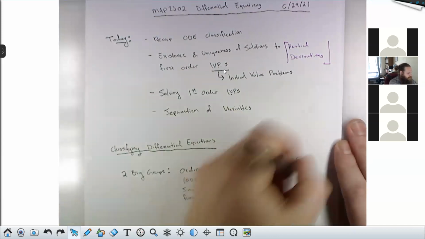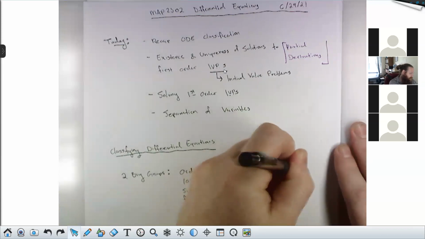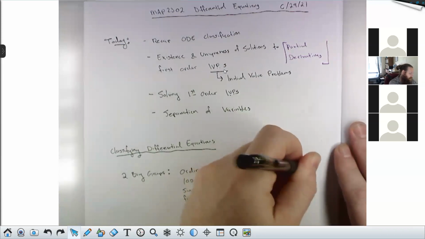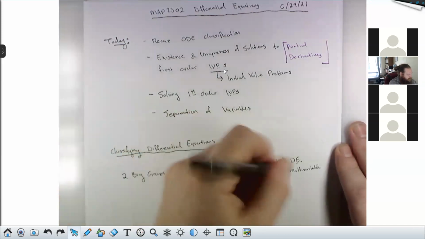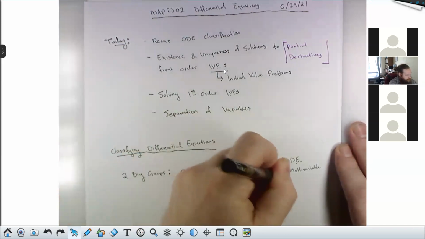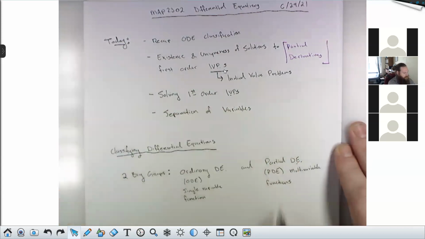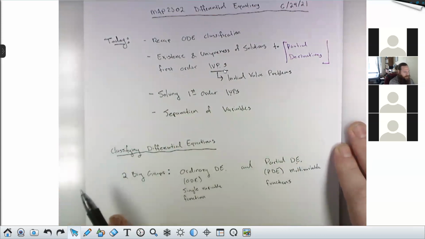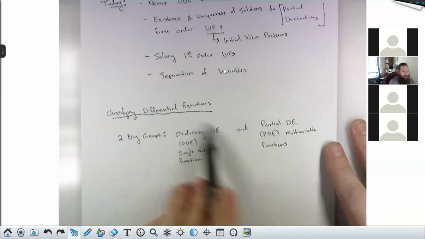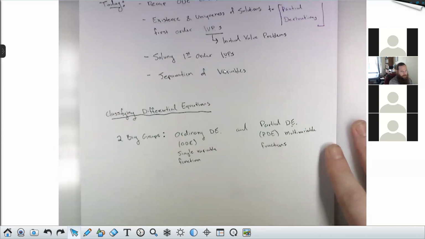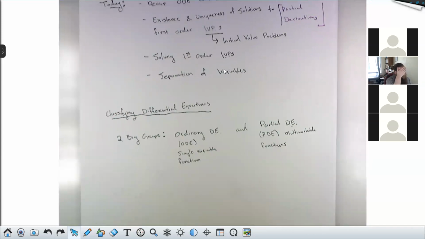And here the solutions are multivariable. The solution to a partial differential equation, PDE, is a multivariable function. The solution to an ordinary differential equation, an ODE, is a single variable function. In this class, we focus almost entirely on ODEs. We're going to do very, very little with PDEs.